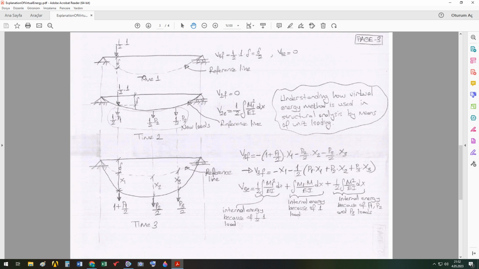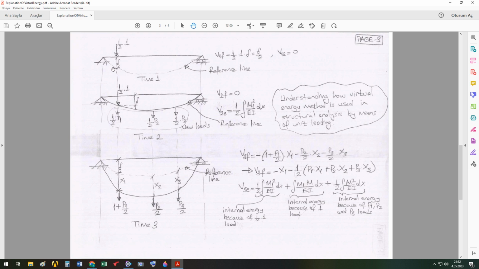This is time 1. He took the same structure, removed all P1, P2, P3 loads, and applied 1 unit loading in the direction of x1, which is the value we want to calculate using hand calculation.